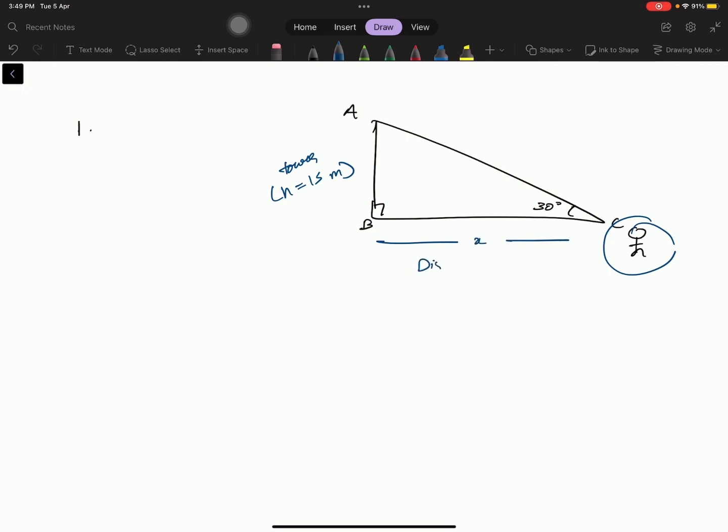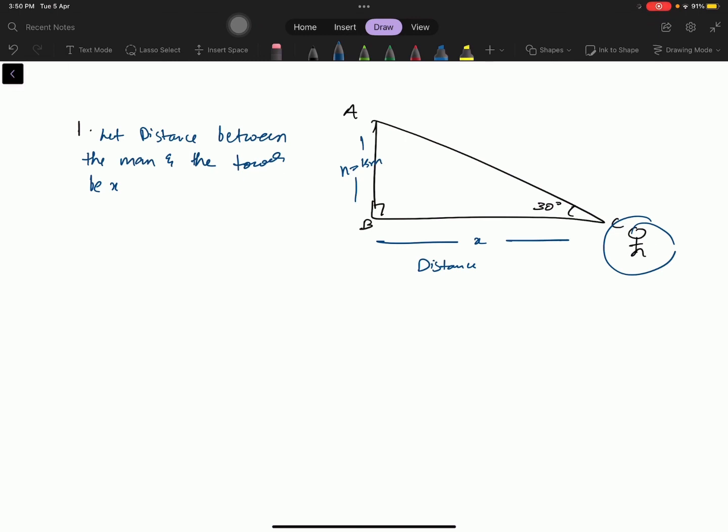Let the distance between the man and the tower be x. Height is 15 meters, distance is x. The angle given is 30 degrees, right? Theta is equal to 30 degrees. We need to find x.